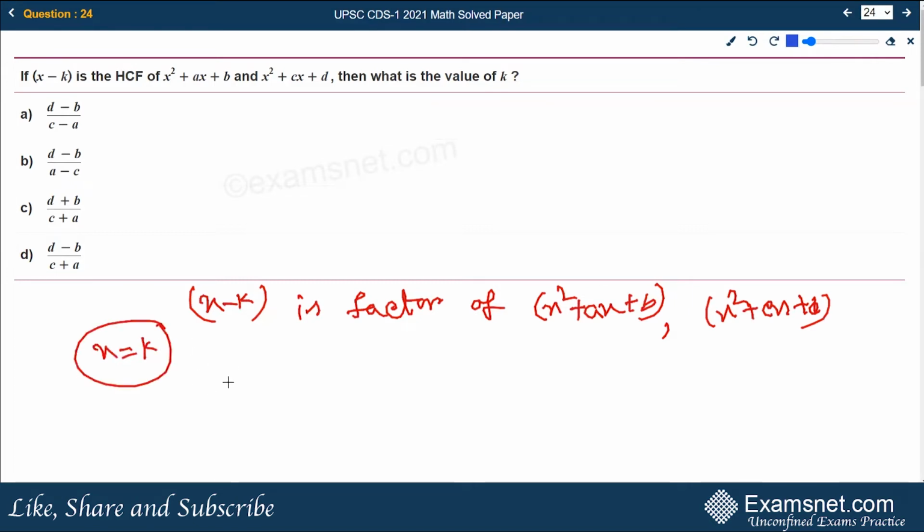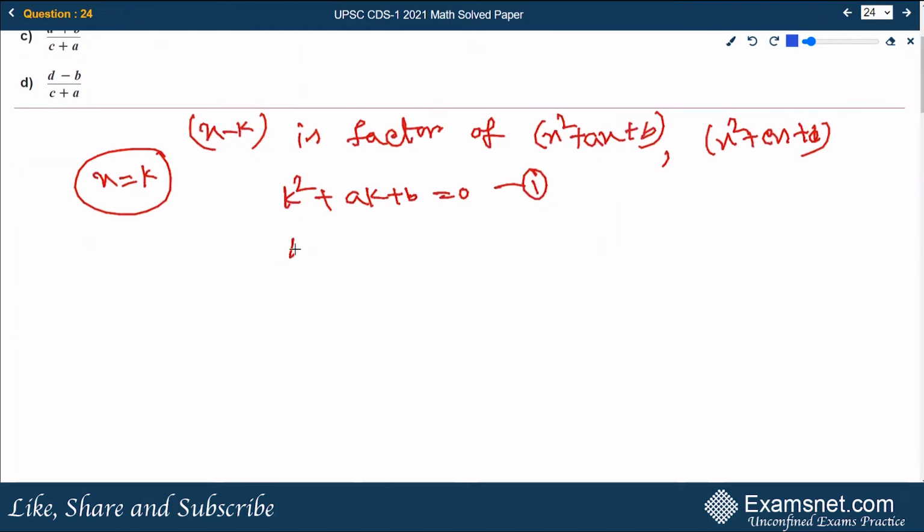If we put the value k for x in these two equations, they will satisfy, right? So let's put it: k square plus ak plus b equals 0. Name it equation number 1. k square plus ck plus d equals 0. Name it equation number 2.